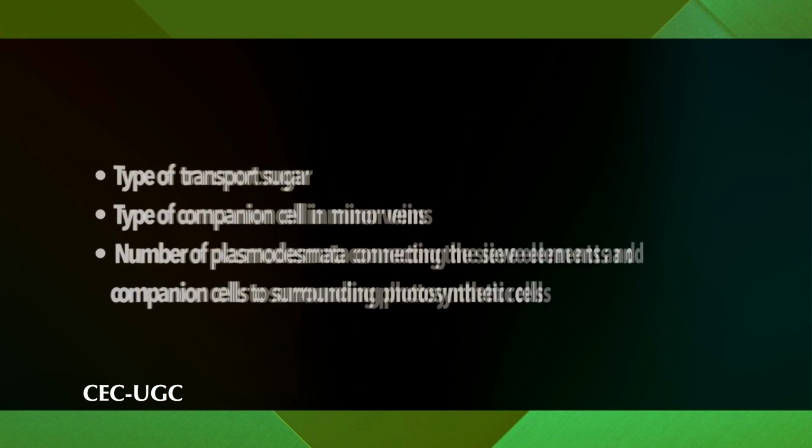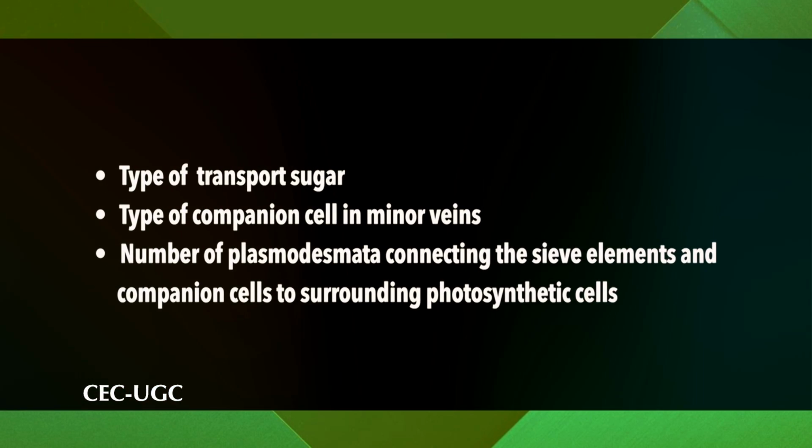Now, it's clear that the operation of apoplastic and symplastic phloem loading pathways are correlated with the following features: type of transport sugar, the type of companion cell in the minor veins, and the number of plasmodesmata connecting the sieve elements and companion cells to the surrounding photosynthetic cells.